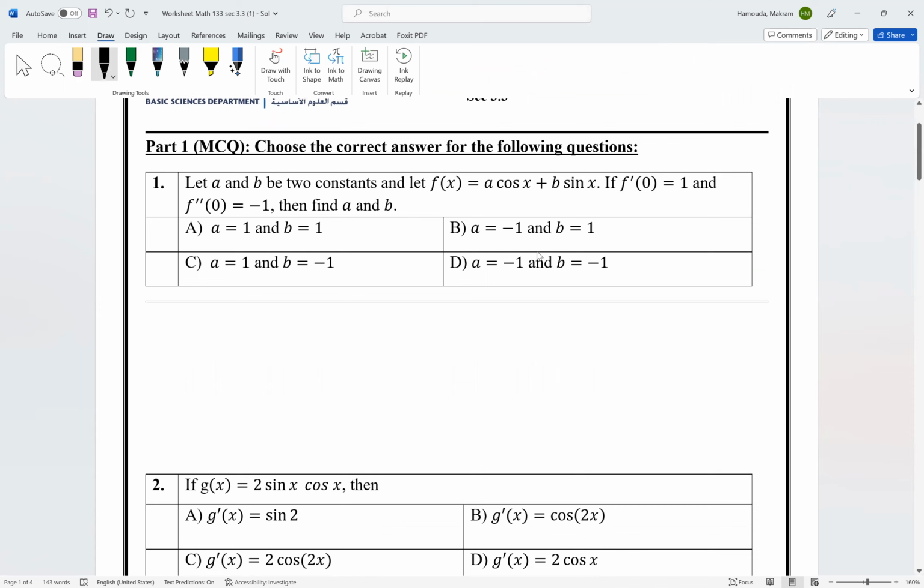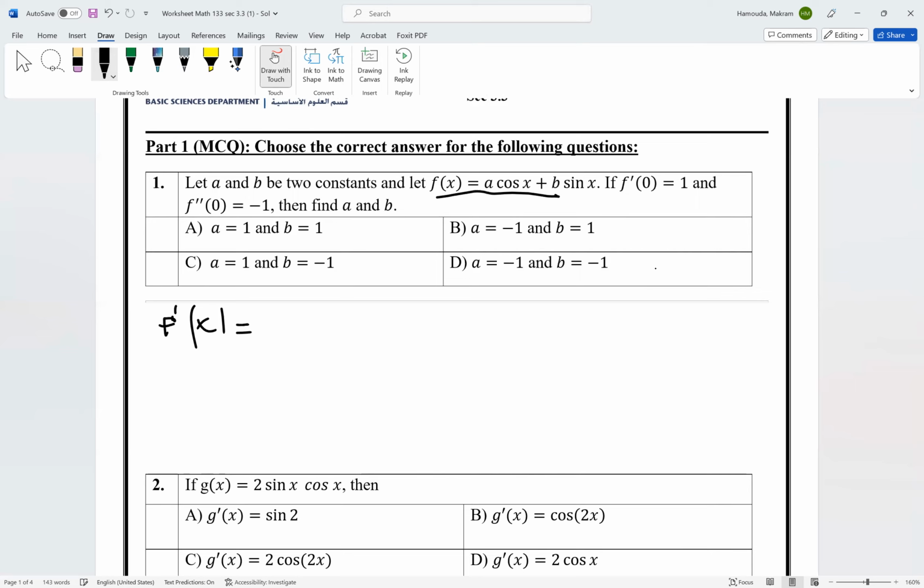So since we have information about f prime and f secant, we need to compute f prime and f secant at the point x in general, then apply at the point 0. So if f of x is equal to this function, then f prime of x is equal to a number like any other number times cosine.